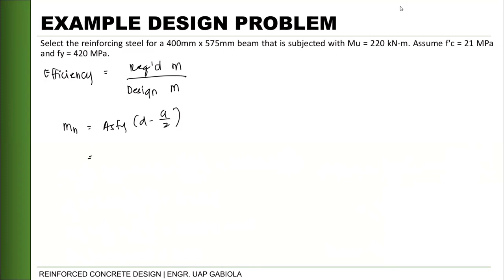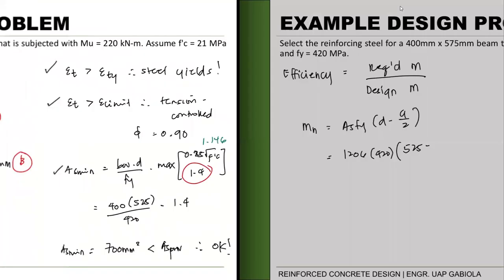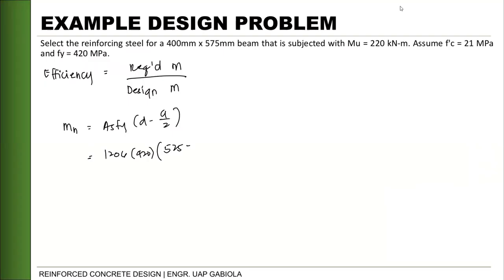So we have 1206 times 420 times (525 minus yung a value natin, that is 70.94, over 2). Okay? So yung Mn natin is equals to 1206 times 420 times 525 minus 70. Yung store value natin sa a na lang over 2.